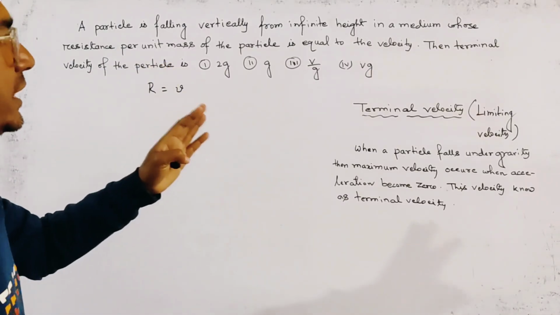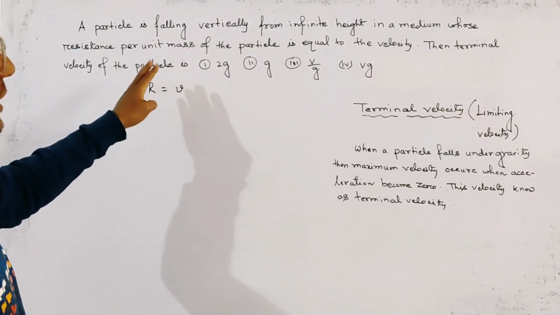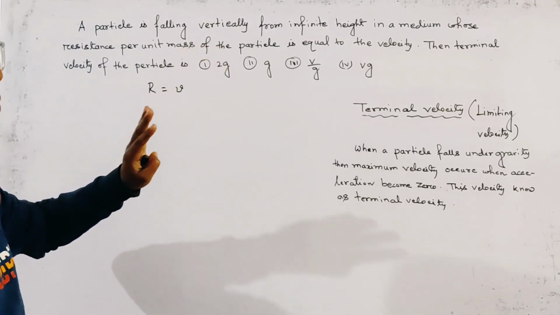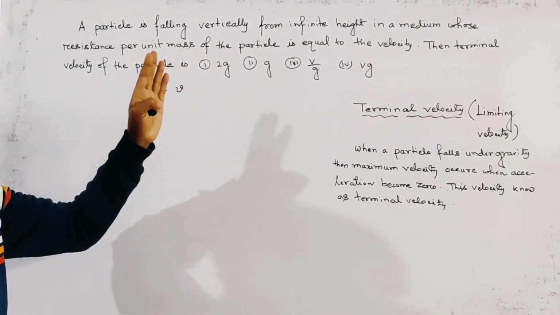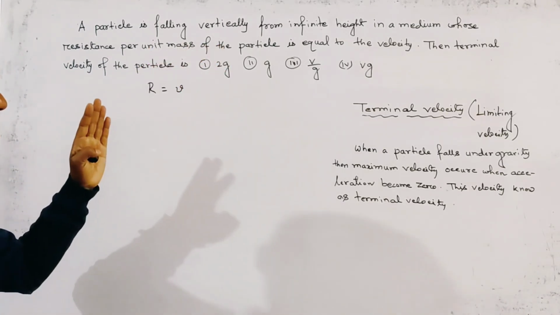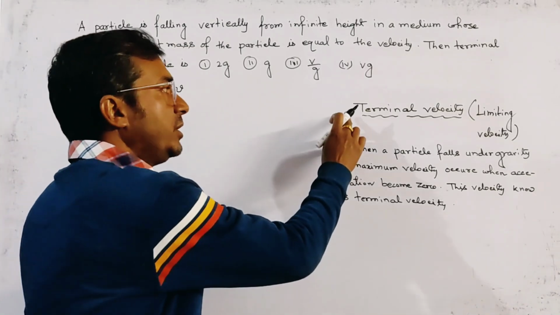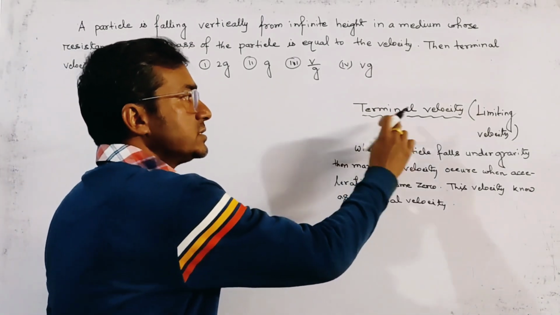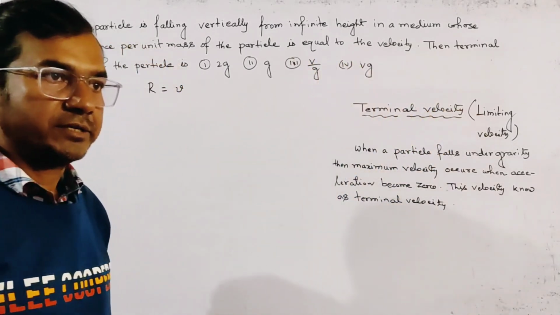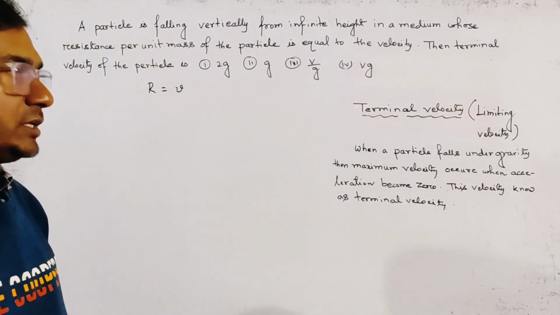Then the terminal velocity of the particle is given by 4 options, and we have to find out the correct one. We first need to know about the terminal velocity, which is also known as limiting velocity. What is terminal velocity?